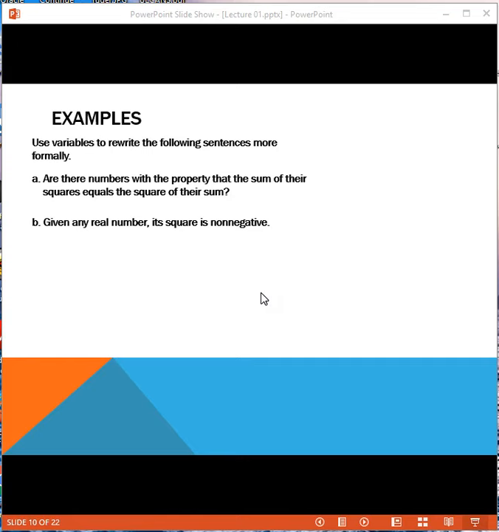We would rephrase that as, given any real number r, r squared is non-negative, or for any real number r, r squared is greater than or equal to 0, or for all real numbers r, r squared is greater than or equal to 0.